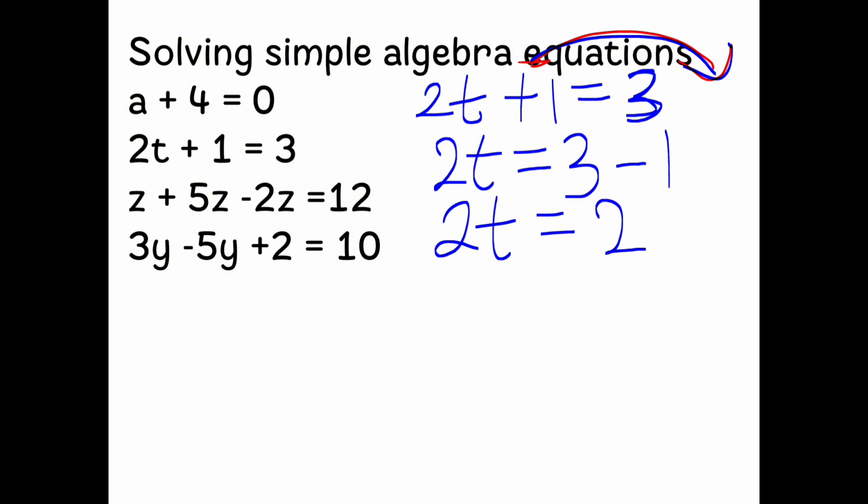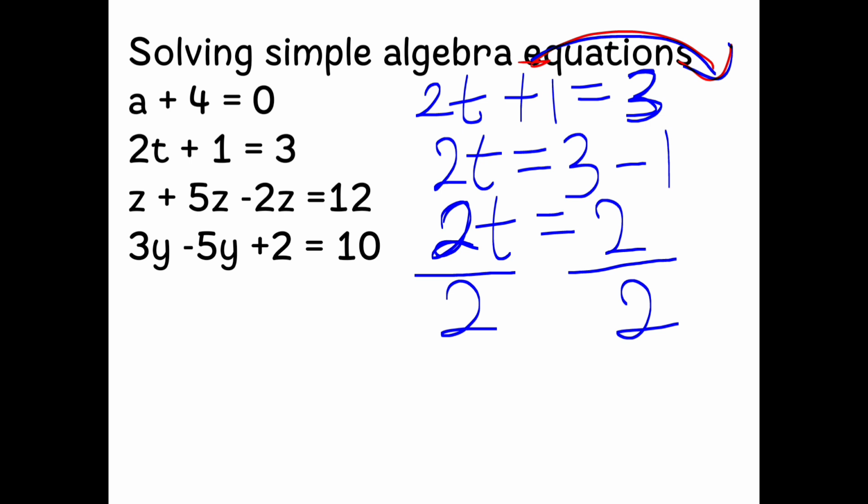So we need to get t. Let's eradicate this 2 away. And how do we do that in this situation? Is by dividing both sides by 2. You divide both sides by 2, the coefficient of t, so that t can be alone. Do you understand? We divide both sides by 2 so that t can be alone.